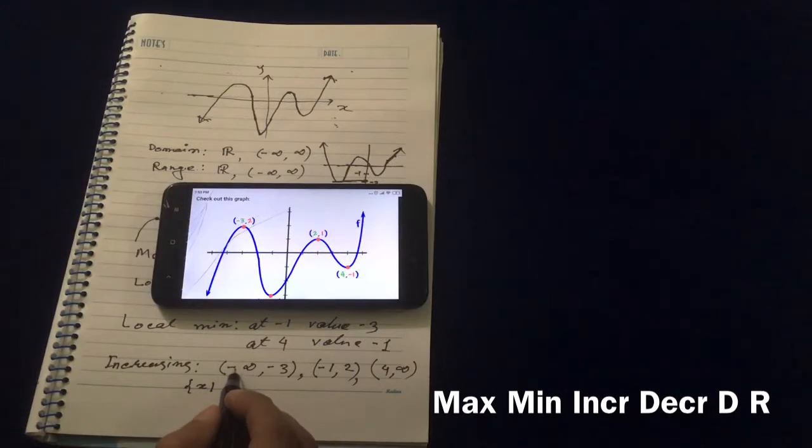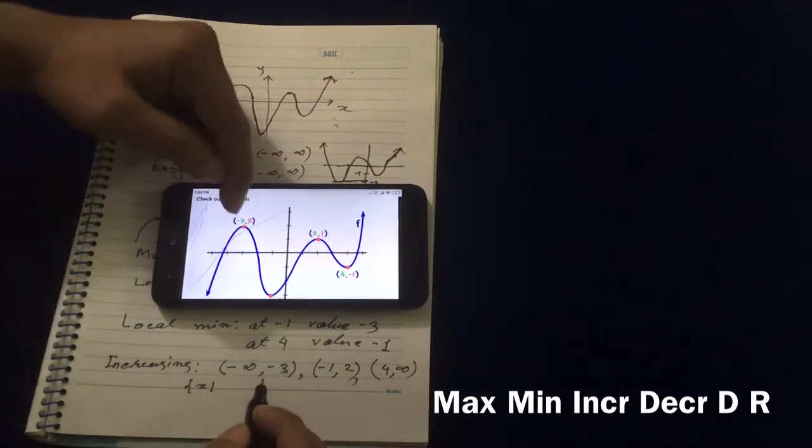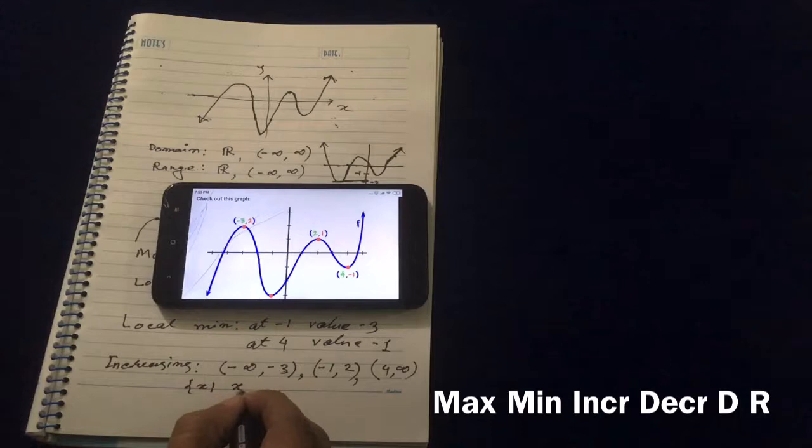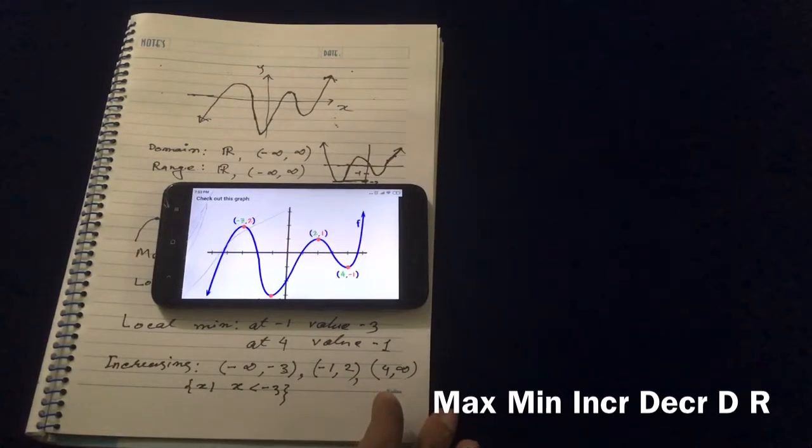This means minus infinity to minus 3, that means any value which is less than minus 3. Minus 3 is here, and this side is any value less than minus 3. So I can write: if x is less than minus 3, then the graph is increasing. Can I say this? See this.